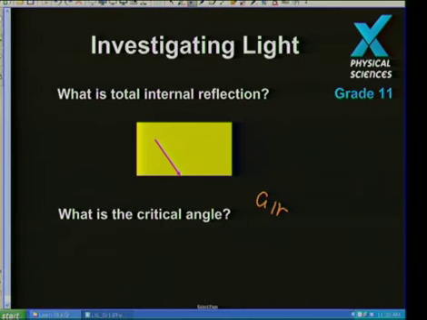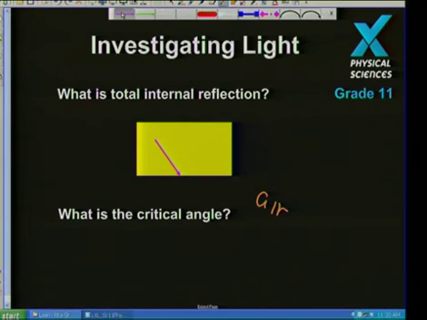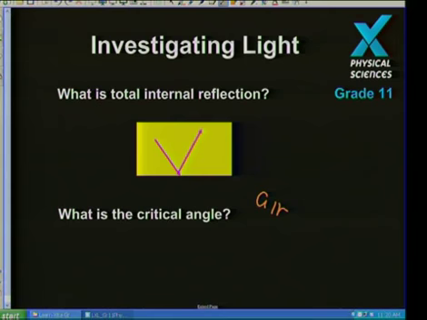At this point, the light is in and it's trying to get out. Now, under certain conditions, what we will find is that the light doesn't emerge. What does happen, though, is that it undergoes internal reflection. And in this case, the laws of reflection will apply.